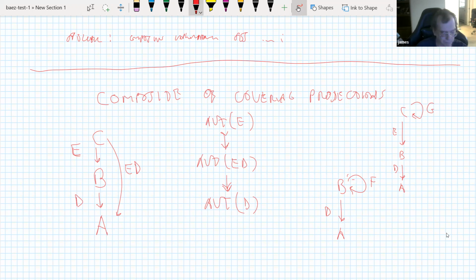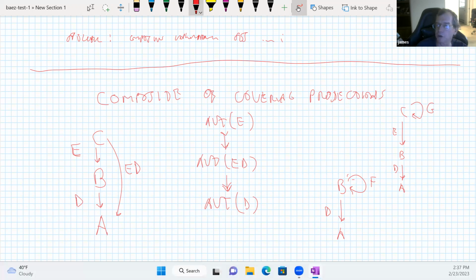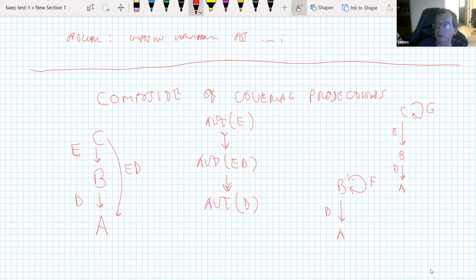I'm not sure exactly what the standard terminology is for that. Maybe that's called a normal covering space, or maybe it's called a Galois covering space. I'm not quite sure, but it's a fairly basic thing to assume.